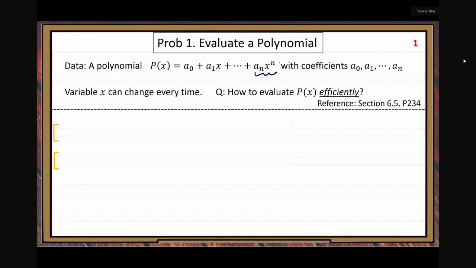We do not need the knowledge from the previous chapters. Evaluate polynomial, everybody understands how to evaluate polynomial. So we can jump to this topic immediately. After that, we can work on our first programming project.